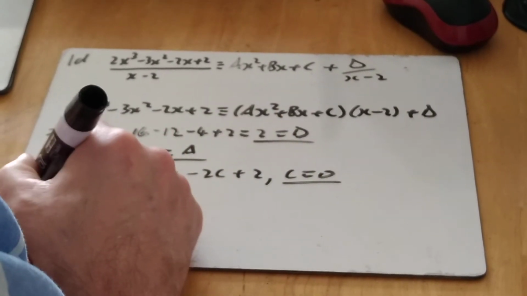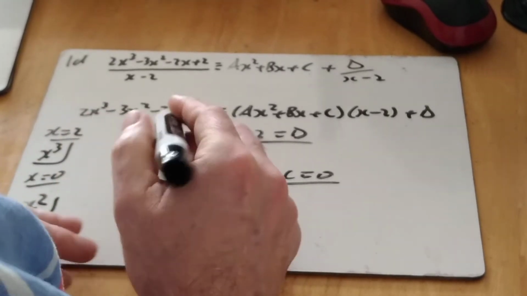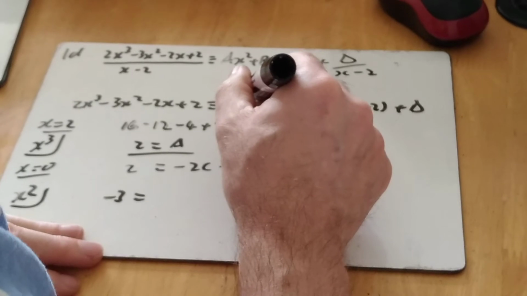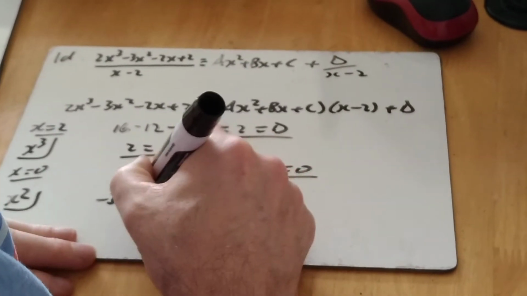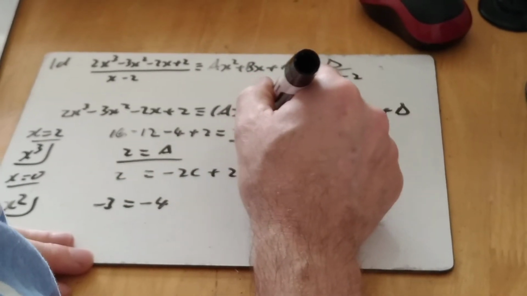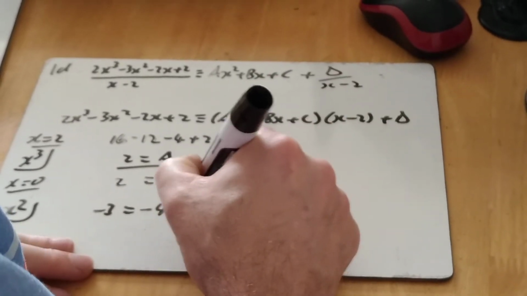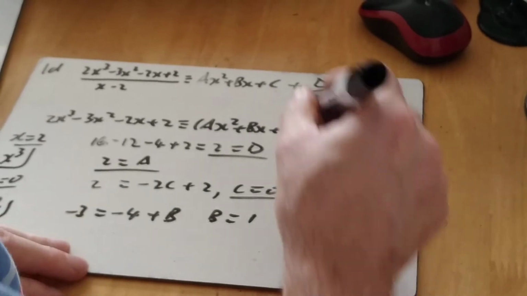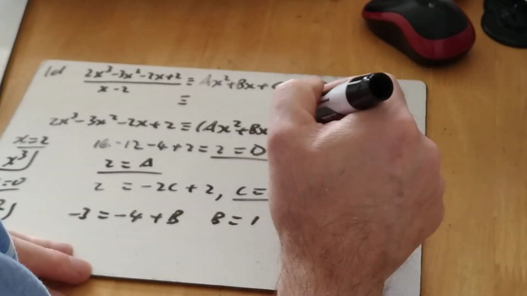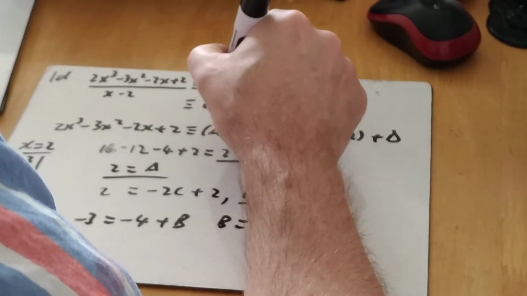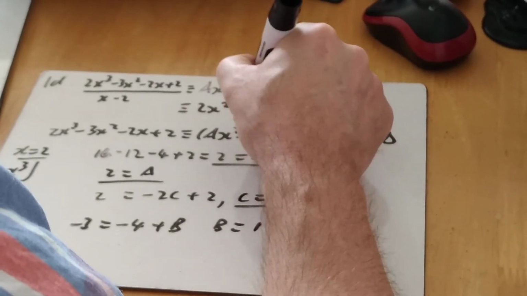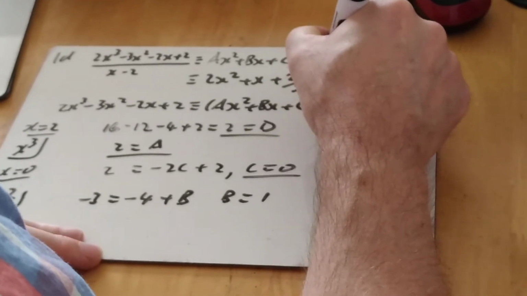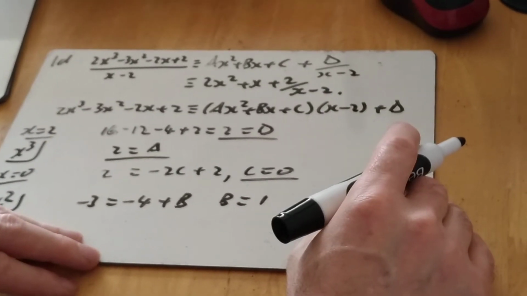So I might match up coefficients of x squared and say that minus 3 on that side equals a times minus 2, minus 2a minus 4, and then plus b. b equals 4 minus 3, b equals 1. So my answer then becomes 2x squared plus x, and then plus 2 over x minus 2. Lots of 2's.